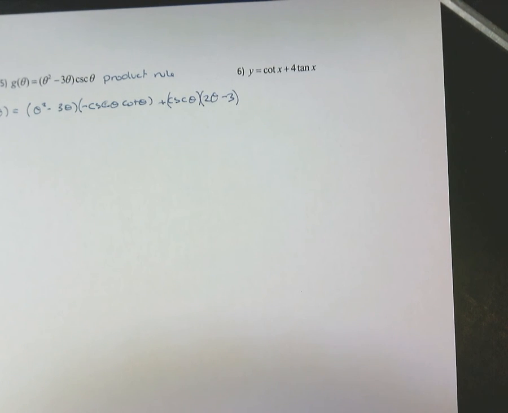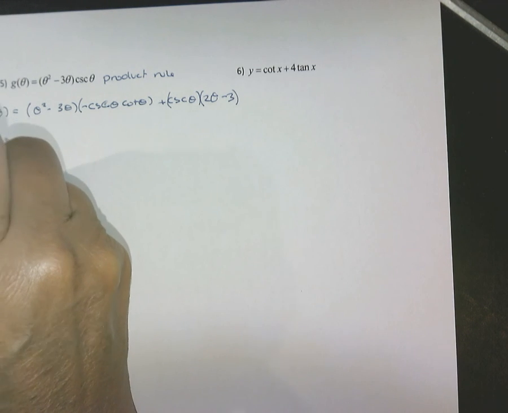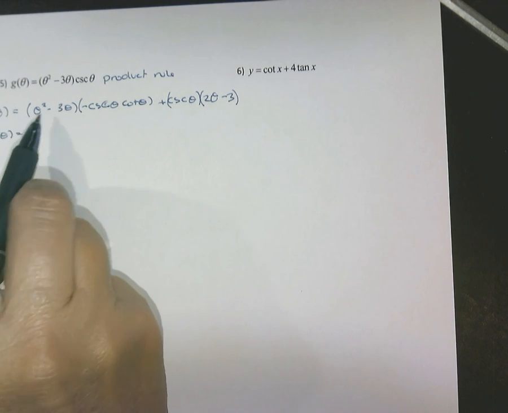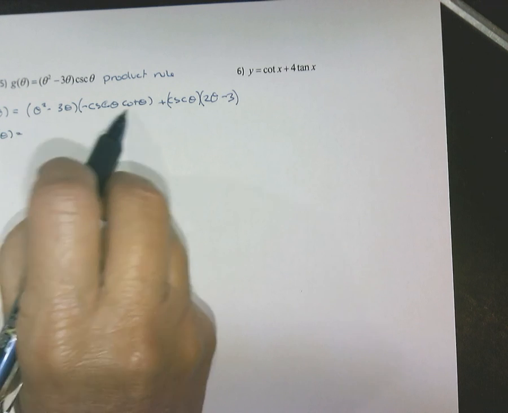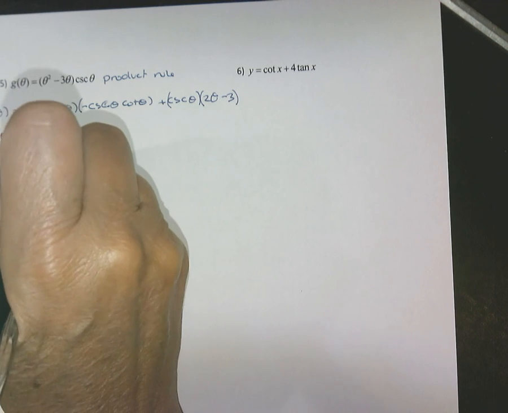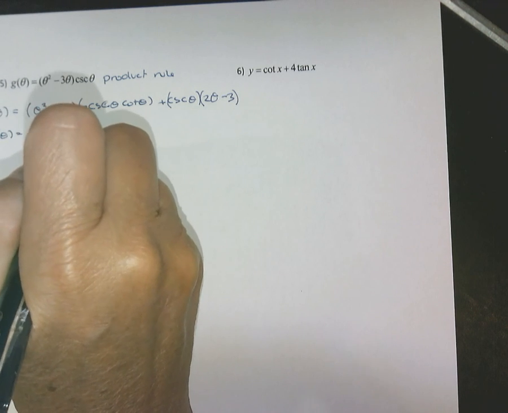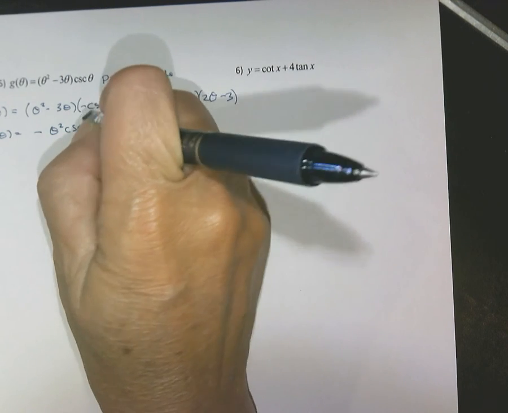And I could clean this up a little bit. I don't think it's going to get me anywhere, but if you're not comfortable with that, we can distribute. So theta squared times all this will be negative theta squared cosecant theta cotangent theta.